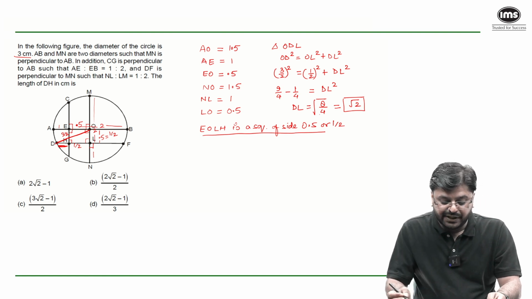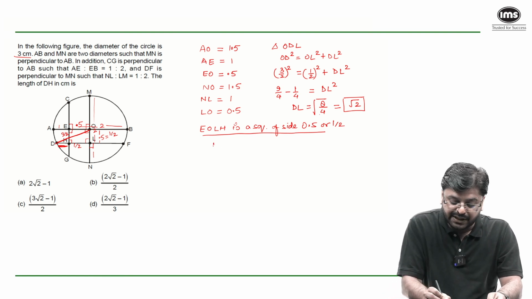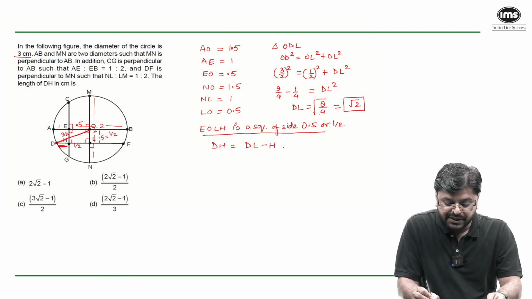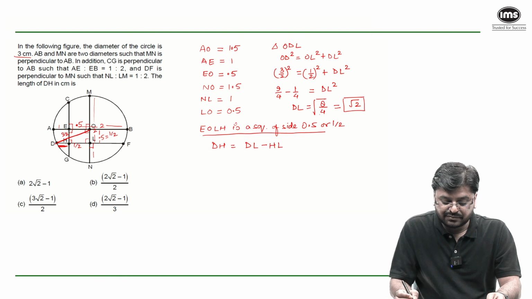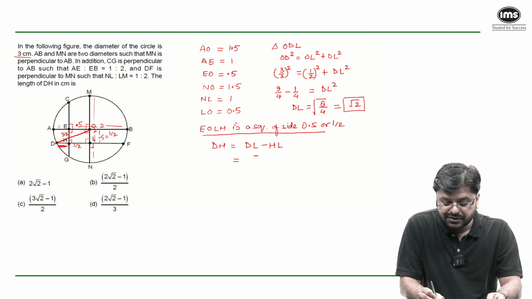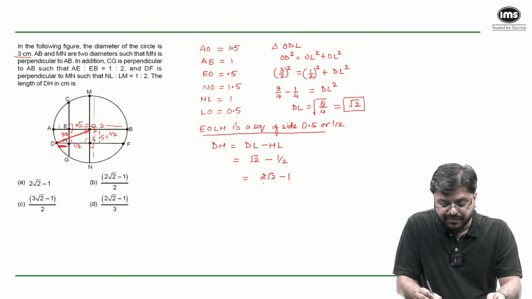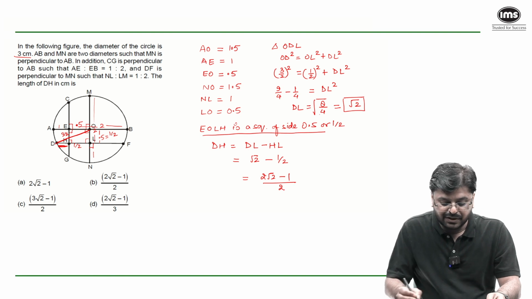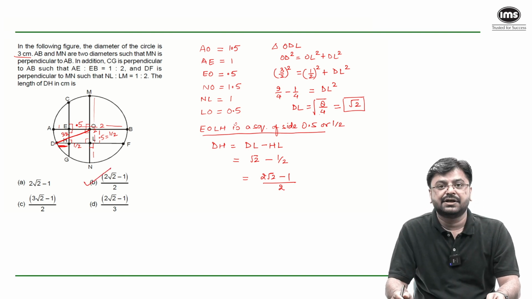This is the length of DL and we are supposed to calculate DH. DH is nothing but DL minus HL. DL is root 2. HL is half. So this will be root 2 minus 1 by 2. So option B here is the right answer.